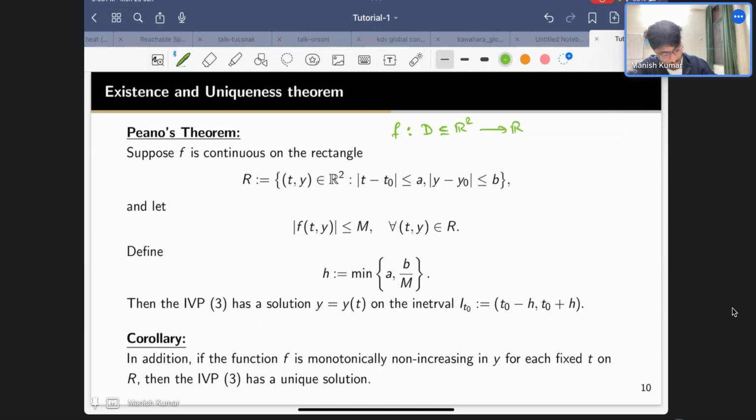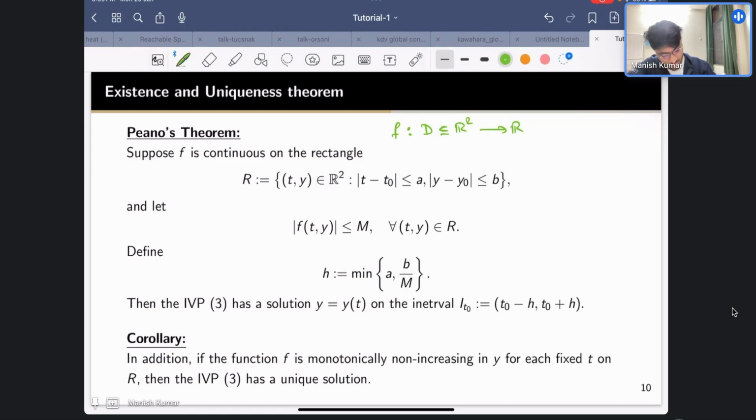Okay, so as I mentioned earlier, this f can be considered on D, a subset of R cross Rn, when you are considering a system of first order differential equations. The same theory will go for Rn as well.